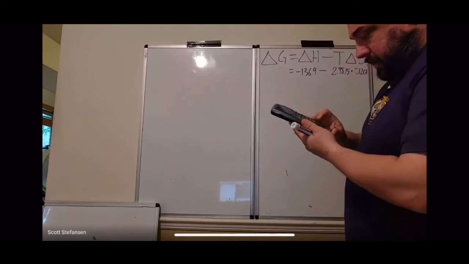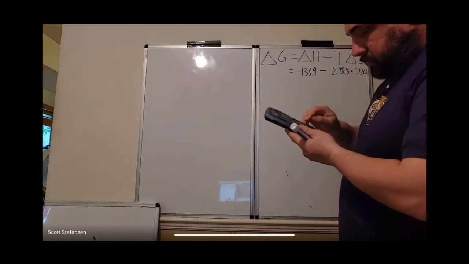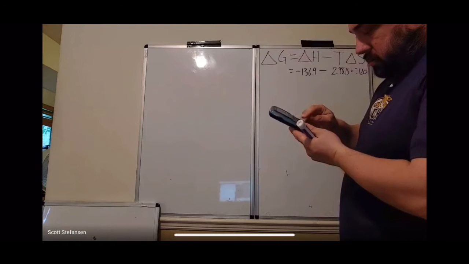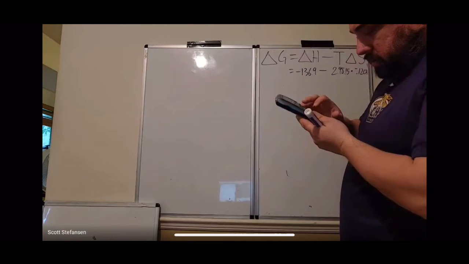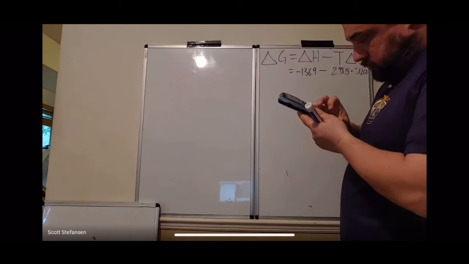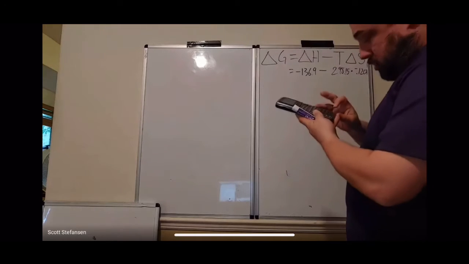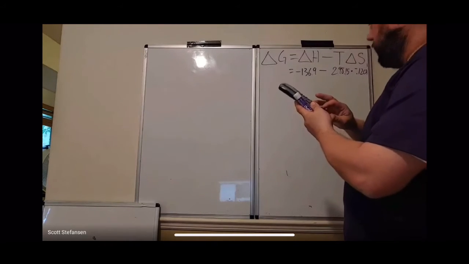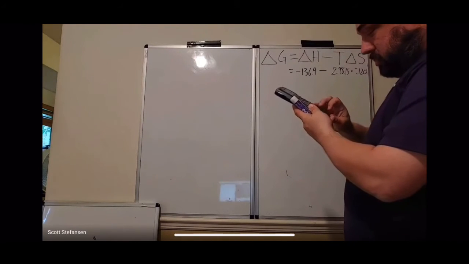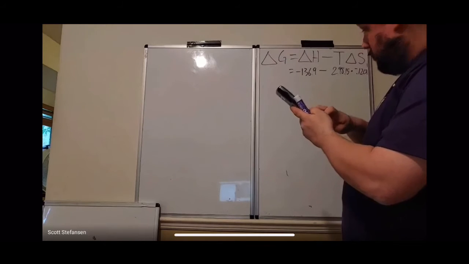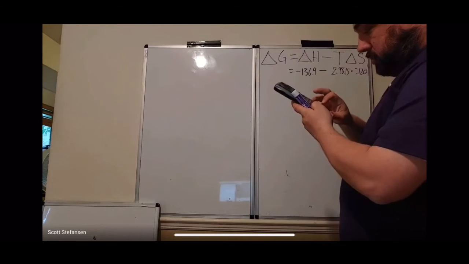So I pop it into my calculator. Okay, so get negative 136.9 minus 298 times a negative 0.1207.